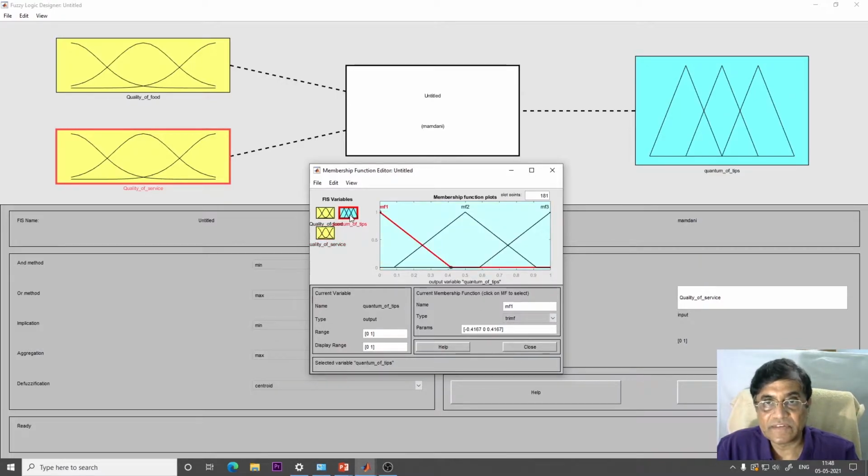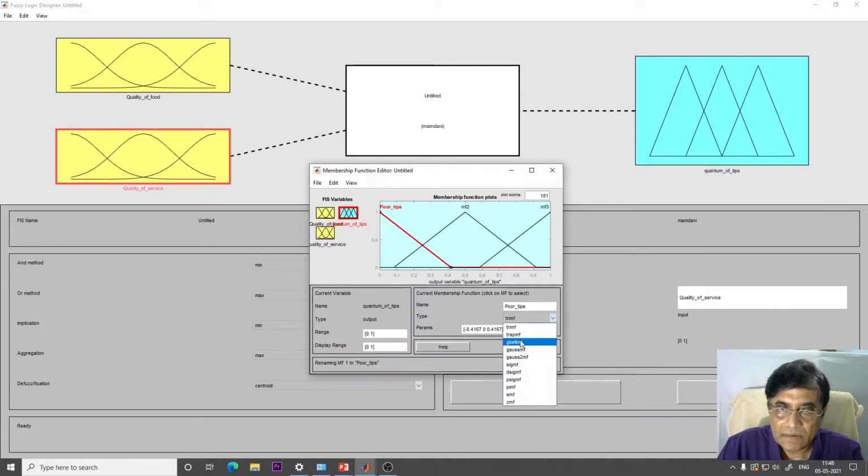Similarly, I'll have to fuzzify the output as well. So the first membership function, say, characterizes miser or poor tips, which means I am giving very bad tips. So this is characterizing that.